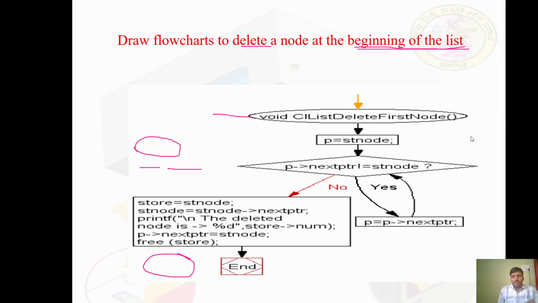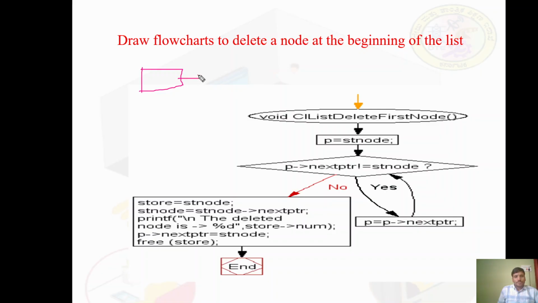So here is the flowchart of deleting a node at the beginning of the list. Delete first node. So p equal to first node. If first node's next pointer is pointing to the first node, if yes, then pointer equal to pointer next.